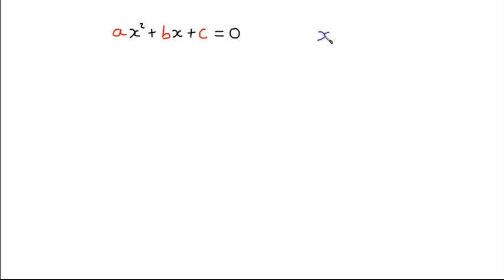So we're trying to find out what the value of x is, and the formula is that x equals minus b plus or minus the square root of b squared minus 4 times a times c, and then all of that is divided by 2a.